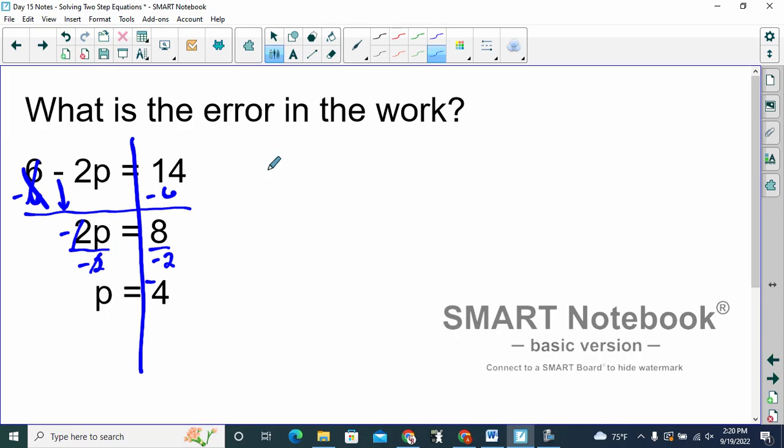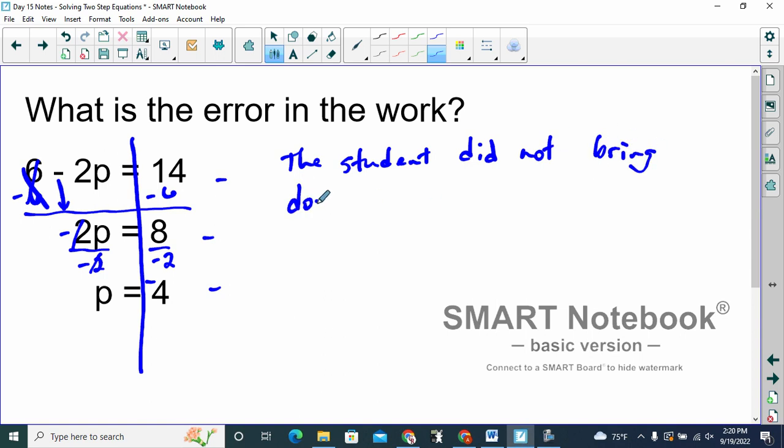So as far as answering a question like this, sometimes it asks you which step. It'll call this step 1, and this step 2, and this step 3. It'll ask you which step the error is in. This one just asks what is the error. I would state that the student did not bring down the minus sign on step 2.